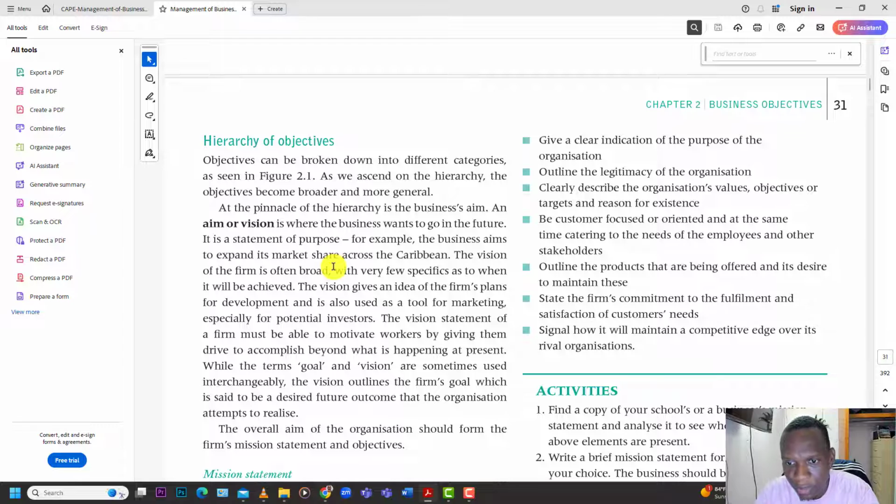Be customer focused and oriented, and at the same time cater to the needs of the employees and other stakeholders. Outline the products that are being offered and its desire to maintain these. State the firm's commitment to the fulfillment and satisfaction of customer needs.